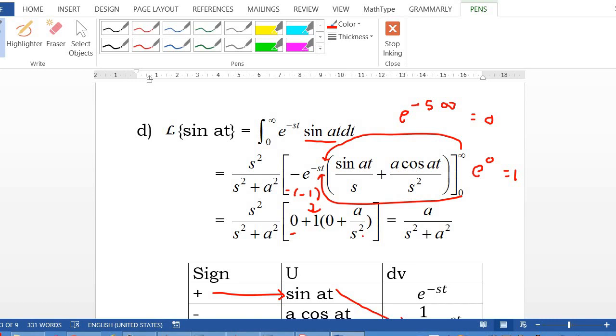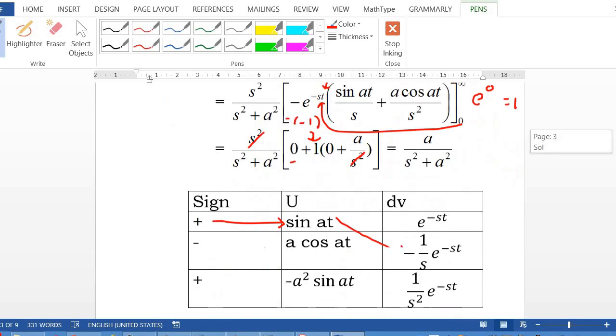That's why I have a over s squared. So in total we have a over s squared, and the s squared here cancels. That's why you get the Laplace transform for sin at is a over s squared plus a squared.